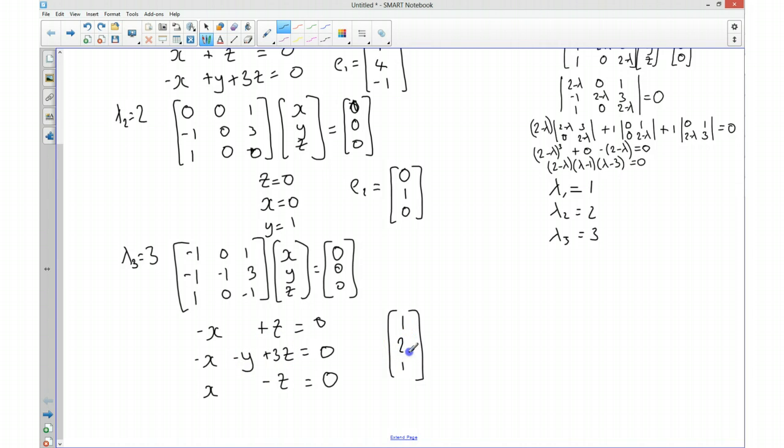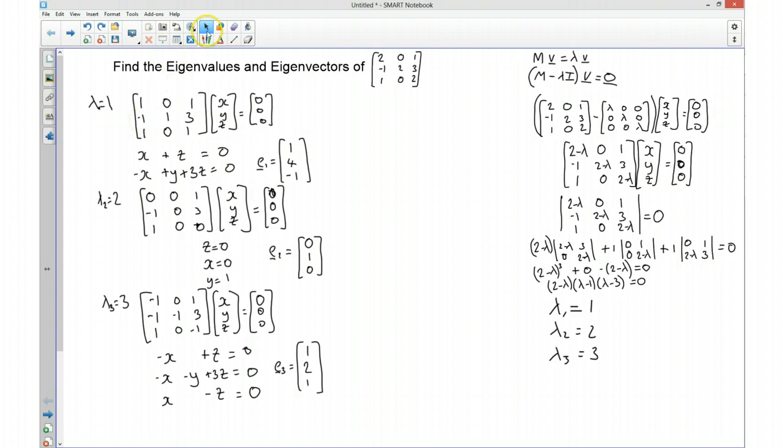Let's check that works. Negative 1 take away 2, negative 3 plus 3 makes 0, and this satisfies all of those equations there. So my third eigenvector is going to be 1, 2, 1.